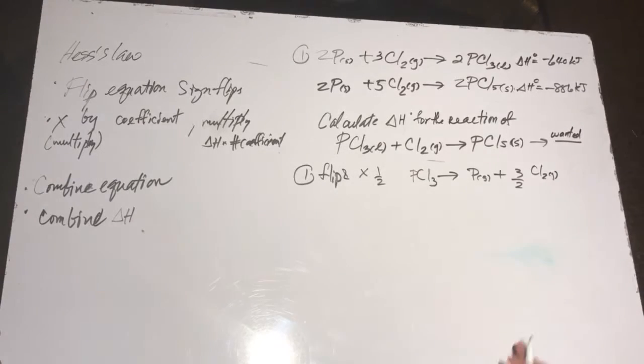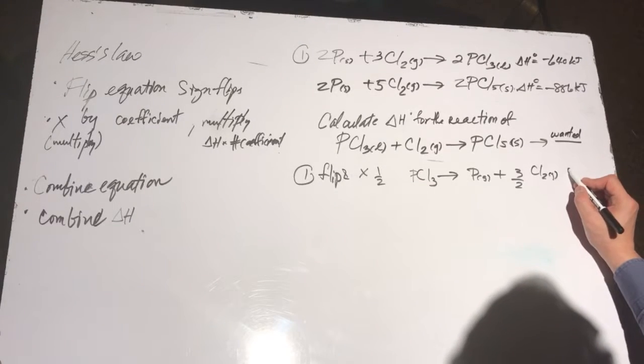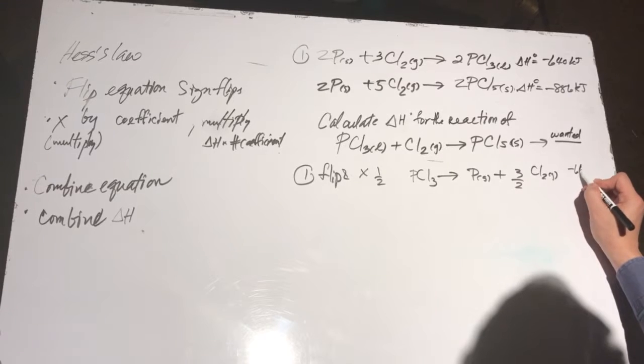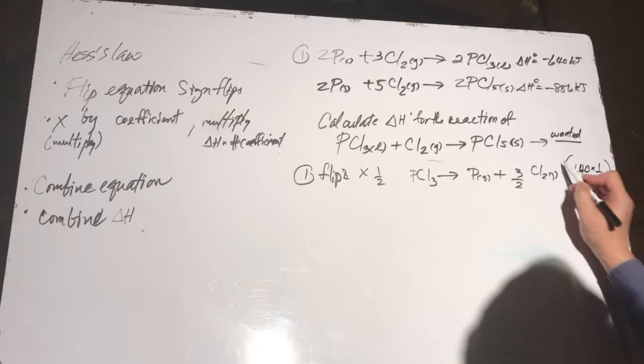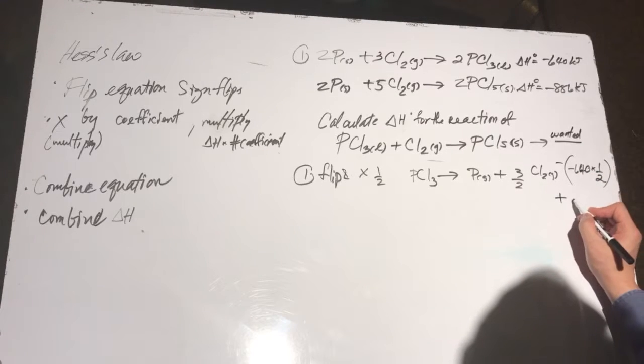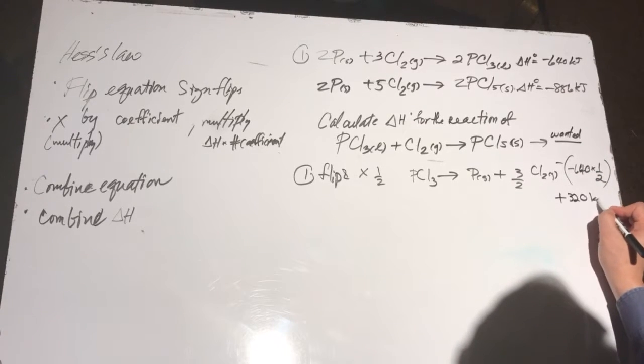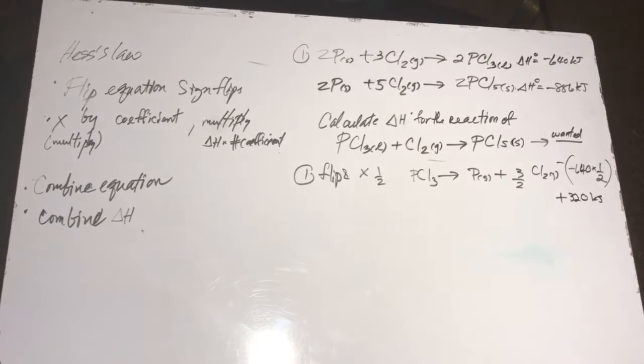Now you flip and multiply by 1/2, so I'm just going to do this one: 450 multiplied by 1/2, and I flip, so that should give me a positive value of 320 kilojoules for this chemical reaction.